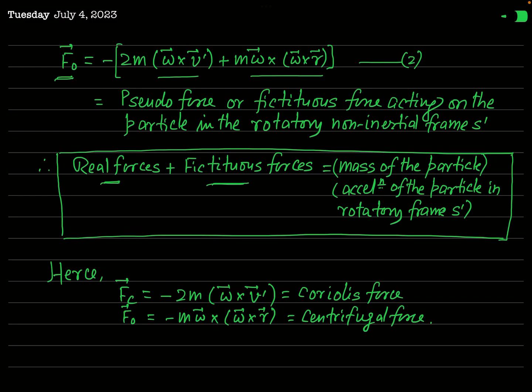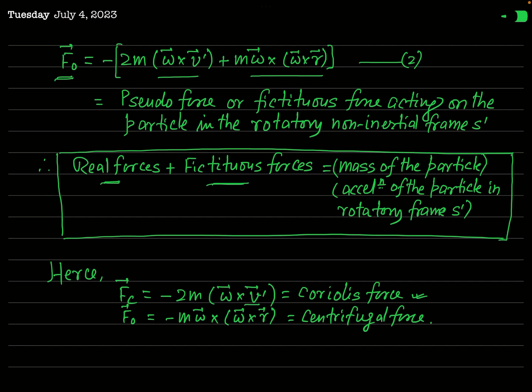Actually here, this minus 2m times omega cross V prime, which I have denoted by the symbol Fc, is called the Coriolis force. And as I have told you earlier, this word Coriolis has been used here in honor of its inventor, Coriolis, the name of the mathematician who proposed this concept.